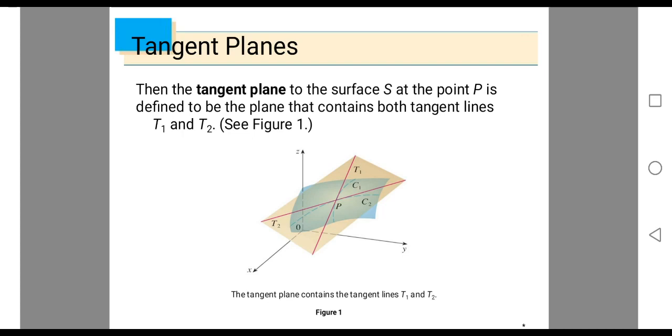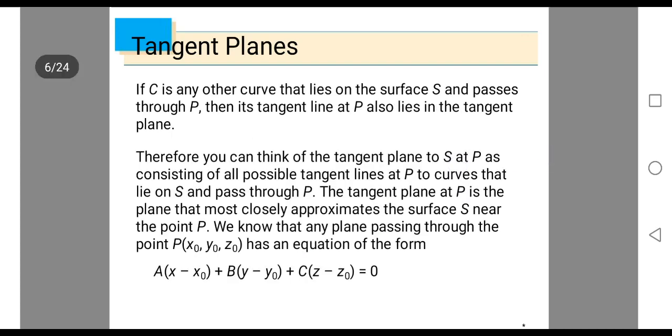In simple words, we have a tangent plane and it carries two tangent lines, T1 and T2. So here's the deal. If C is any other curve that lies on the surface S and passes through the point P, then its tangent line at P also lies in the tangent plane. What does it mean?